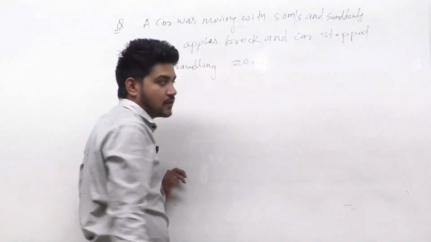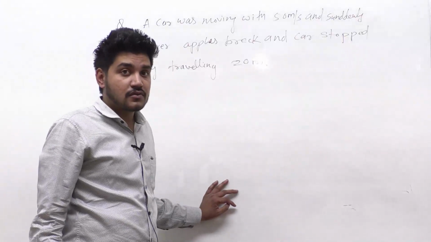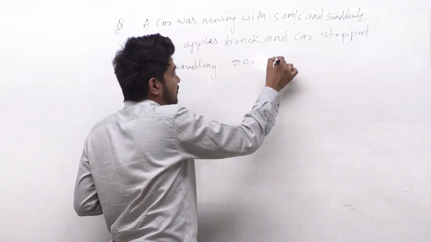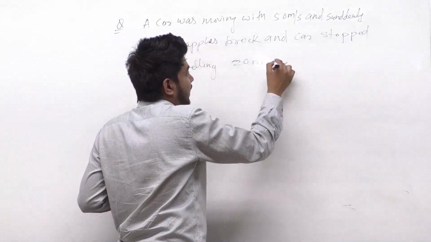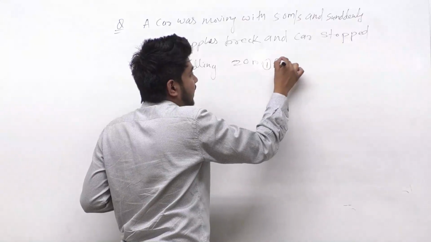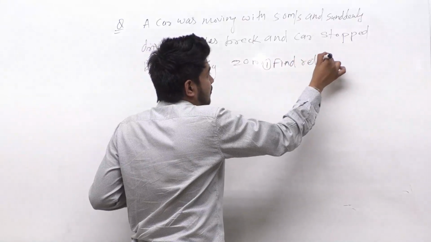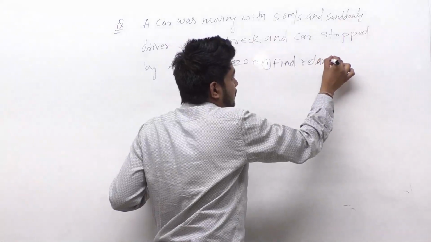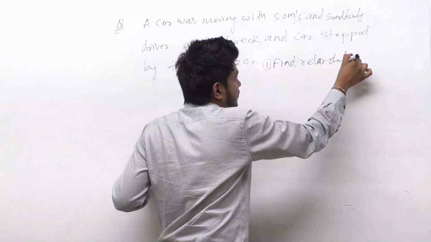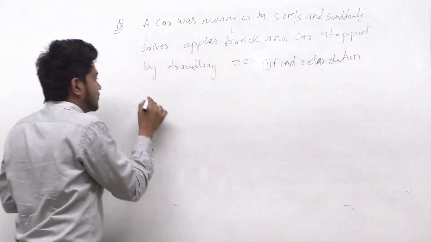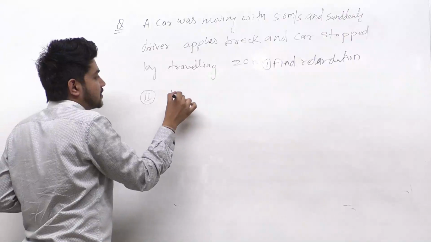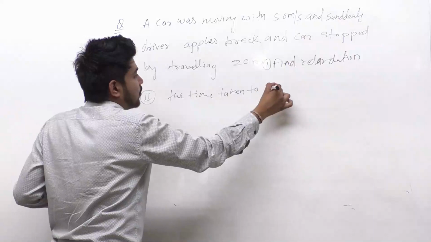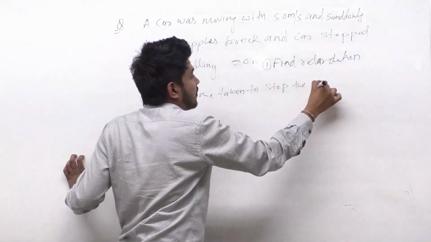So again we have to find the retardation force that the driver applied, or retardation of the car. So the first part is find retardation or deceleration, and the second part is the time taken to stop the car.